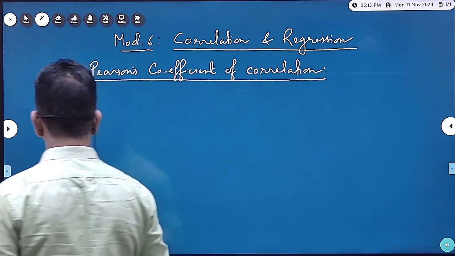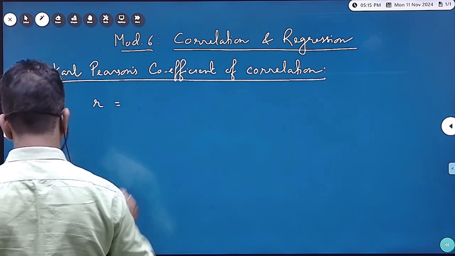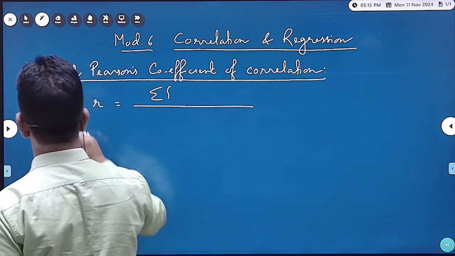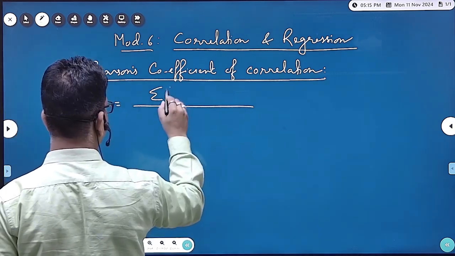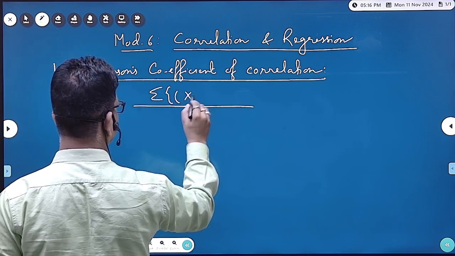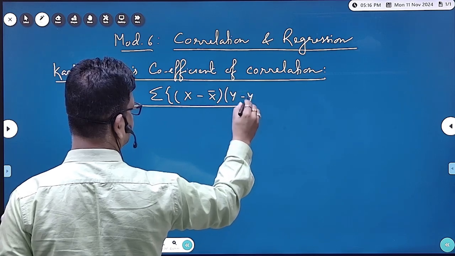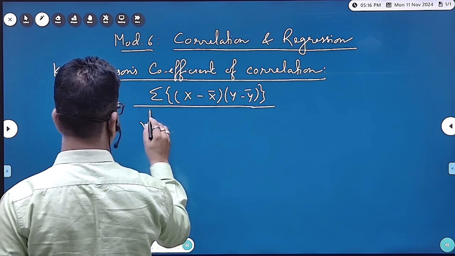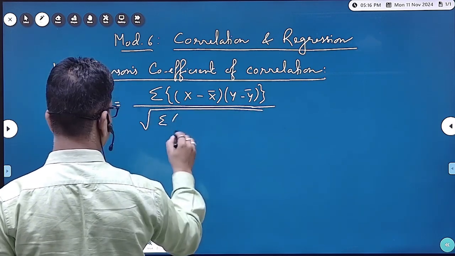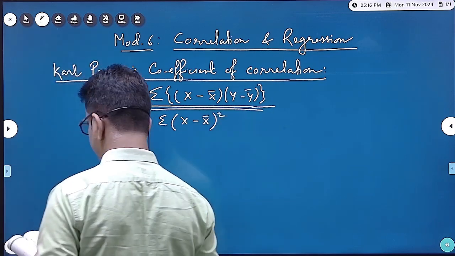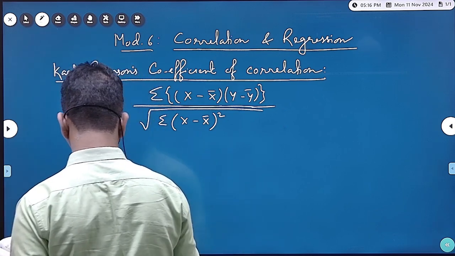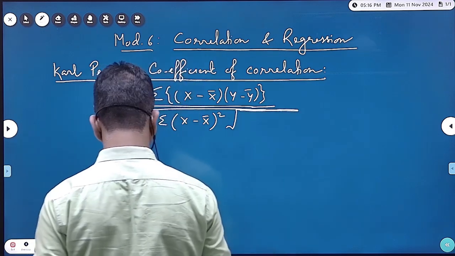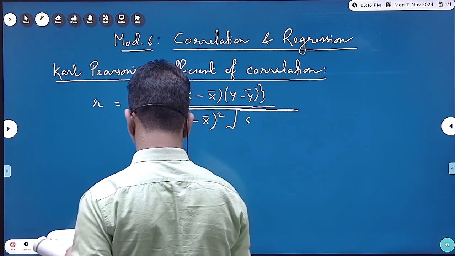It is denoted by r, and using this formula: the summation of (x minus x bar) multiplied by (y minus y bar), divided by the square root of the summation of (x minus x bar) whole square, then again the square root of the summation of (y minus y bar) whole square.